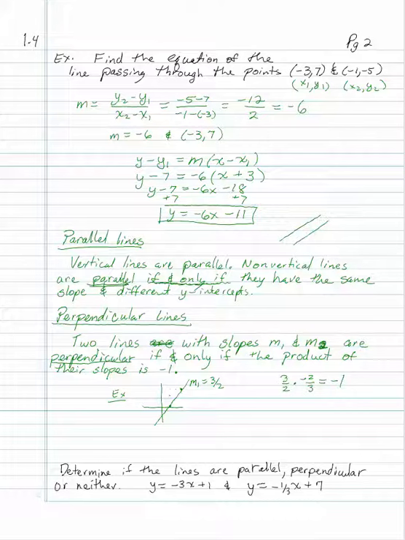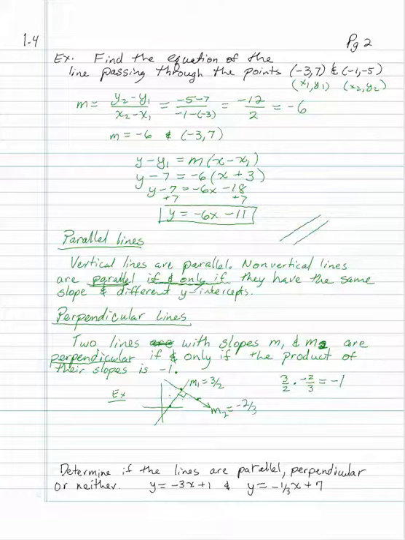Right, so I'm going to flip it over and change the sign, so that's down 2, to the right 3, and that'll give me a perpendicular line. So m2 equals negative 2/3.